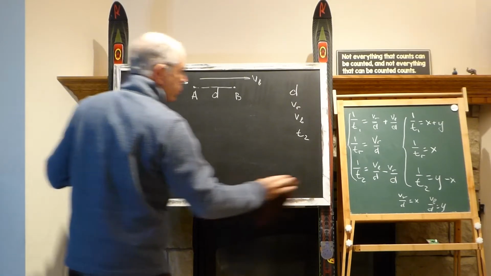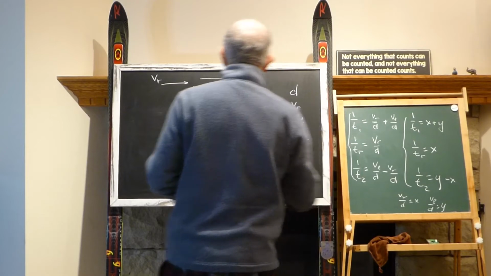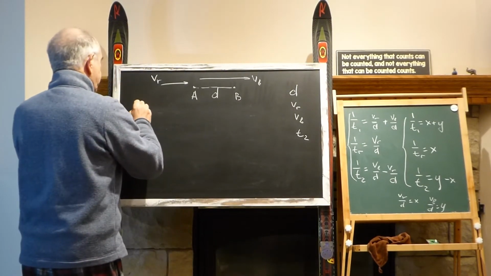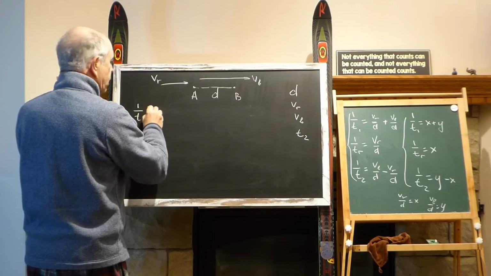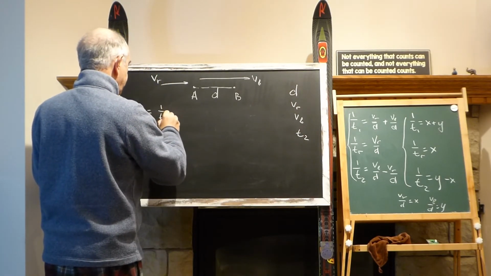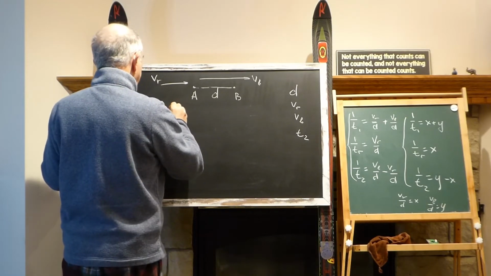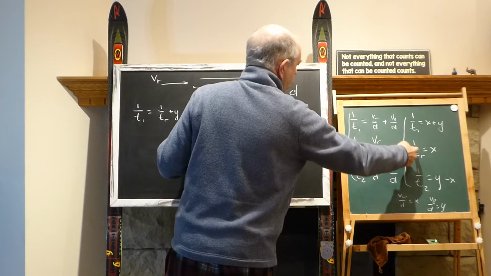And let's continue solving this thing. So we know this, we can put it here. So our first equation becomes 1 over T1 equals 1 over T_R plus y.